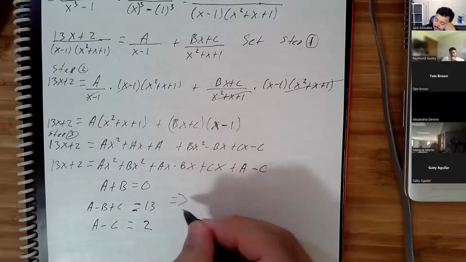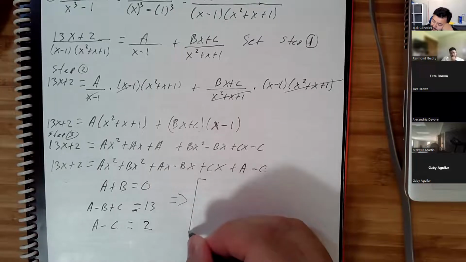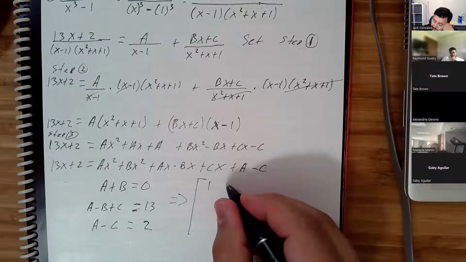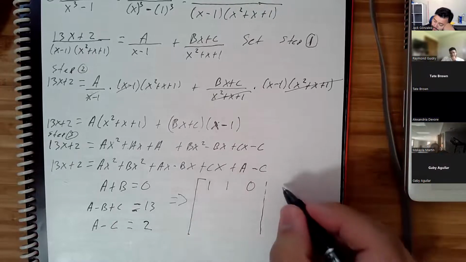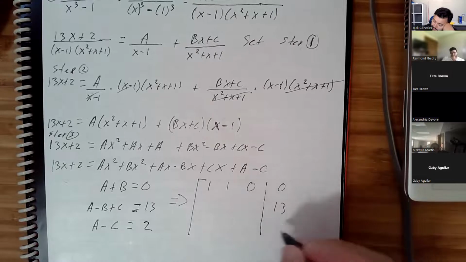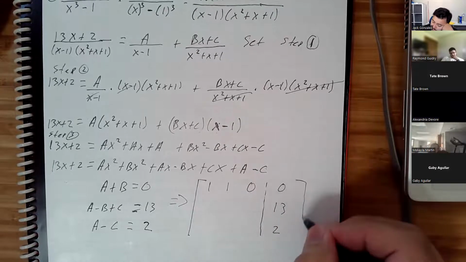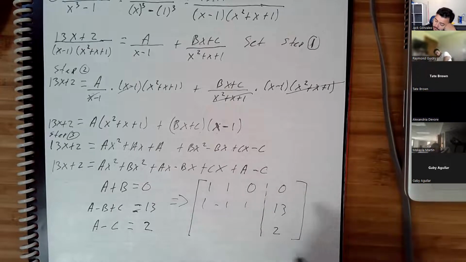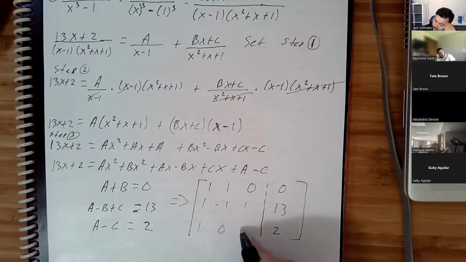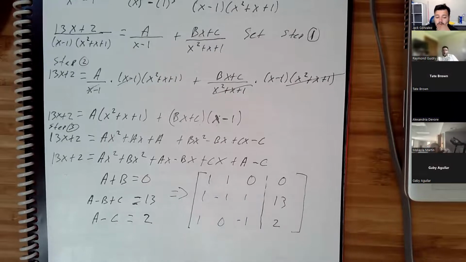So just change it into a matrix. ABC, constants. And solve this.